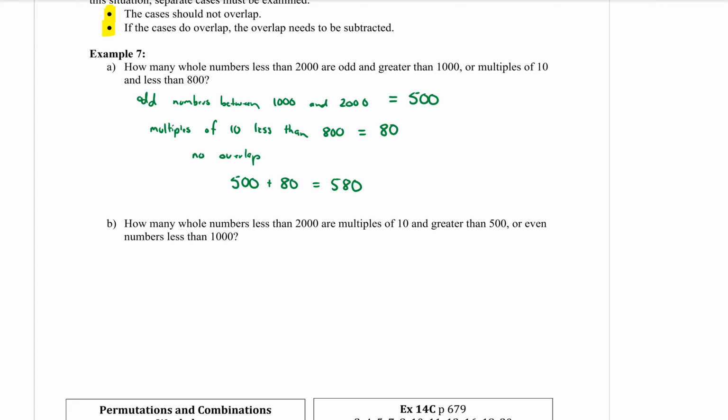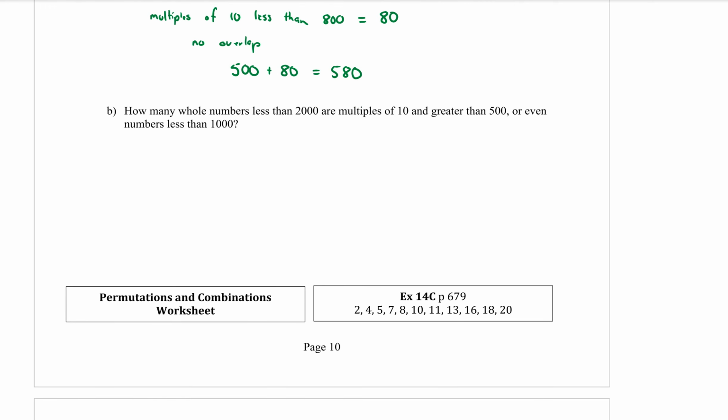Let's try B. How many whole numbers less than 2,000 are multiples of 10 greater than 500 or even numbers less than 1,000? That's too many words. One bit at a time. Okay, so the first part, multiples of 10 between 500 and 2,000.